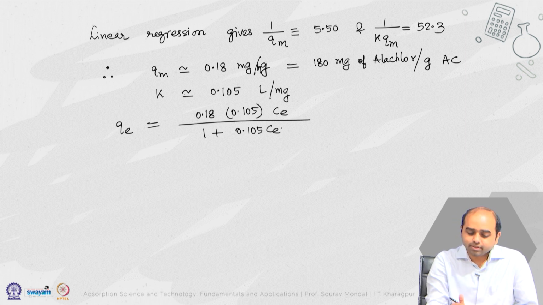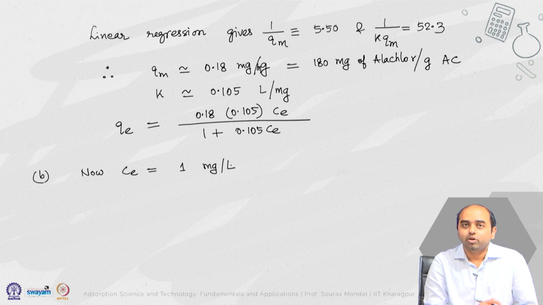The second part of this problem, part B, says that Ce is set to 1 milligram per liter. In this case we have to work out the mass of the adsorbent.